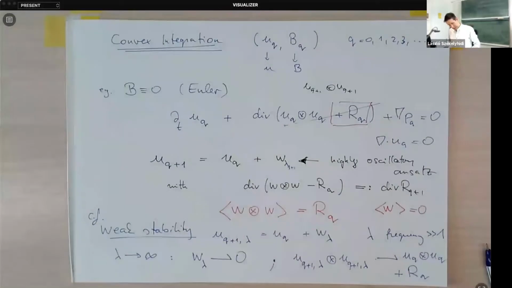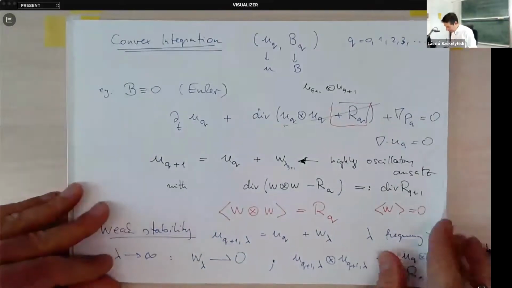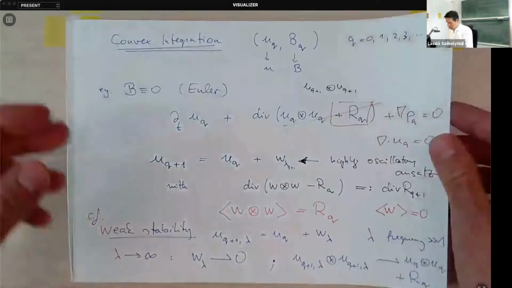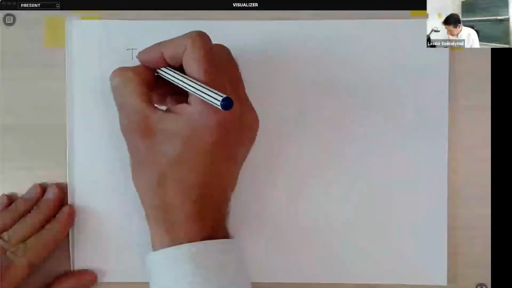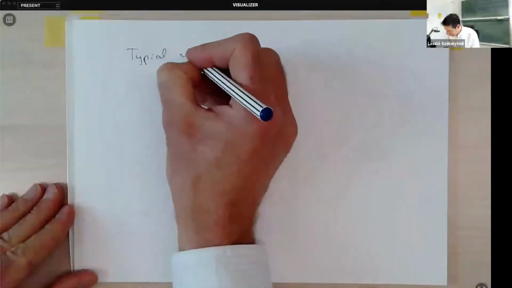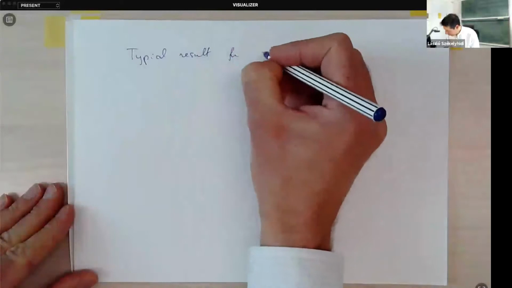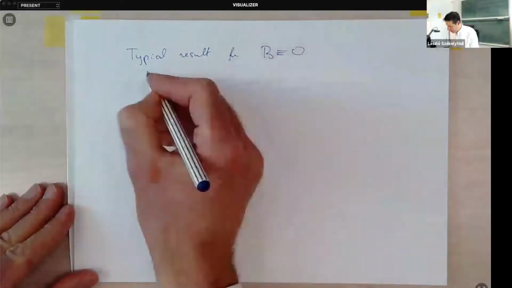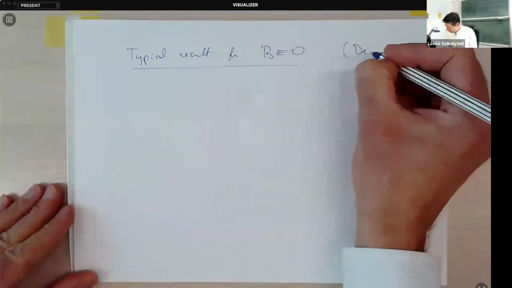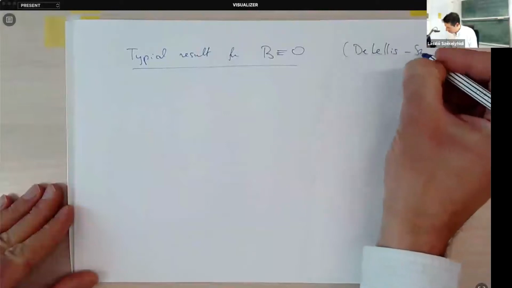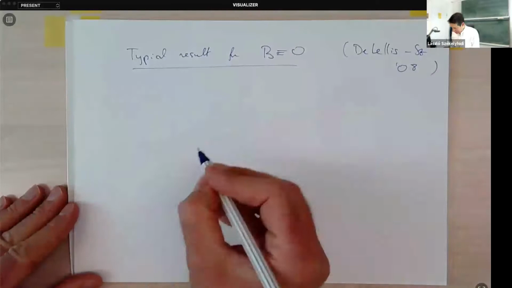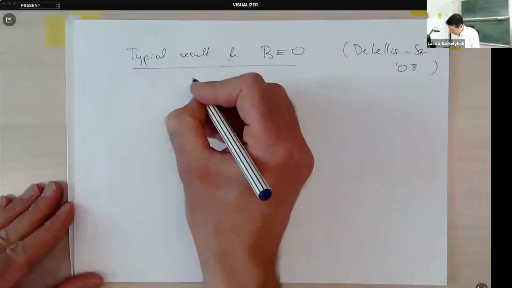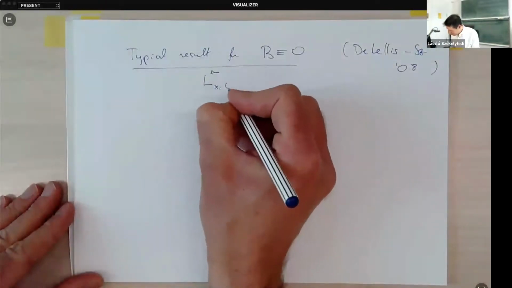Okay, and so a typical result, I don't want to mention all the work on convex integration for Euler now, but just a typical result for B equal to 0. This was work with Camillo long time ago, in 2008, which is in the L infinity framework.